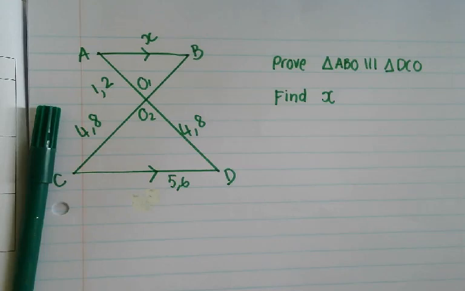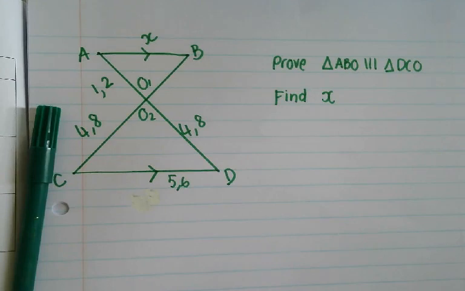So which two fractions am I going to use to solve for x? x over 5.6 is equal to 1.2 over 4.8. What do I need to do now? Cross multiply.